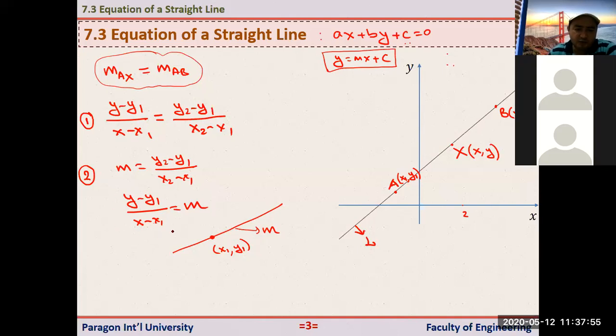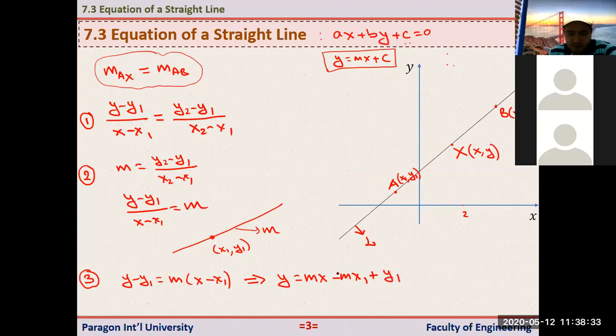Okay, this is another form. And if I go further, number 3, for example, is the gradient form, or gradient and y-intercept form. Now, if I take this to the right-hand side, what do we have here? y minus y1 equals m times (x minus x1). Or with some algebraic manipulation, y equals mx minus mx1, and y1 taken to the right-hand side, plus y1.